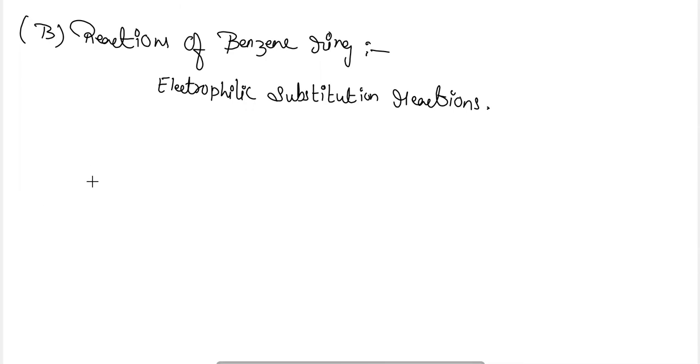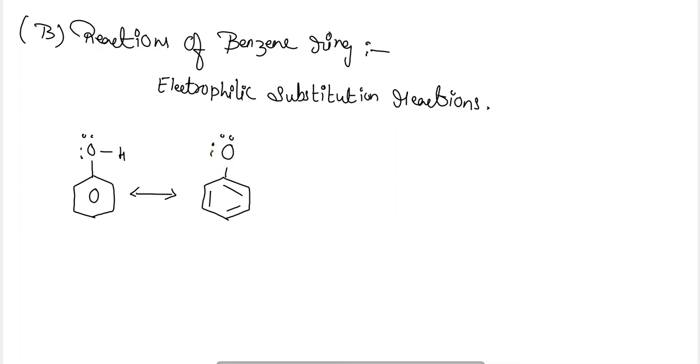So if we look at the resonance structure for the phenol here, then we will understand how ortho and para directive compounds are formed.